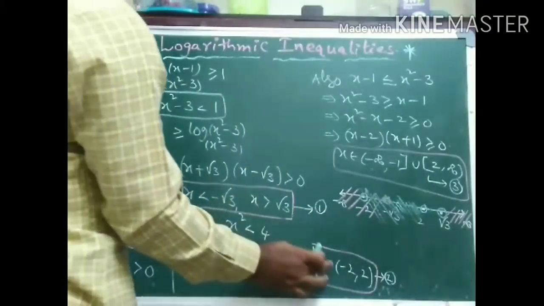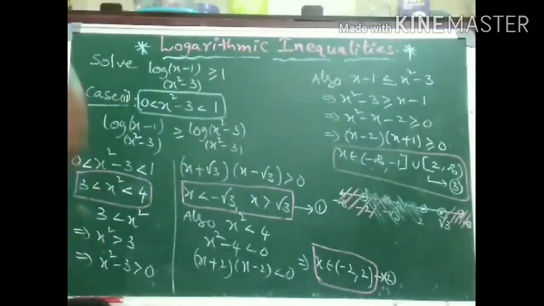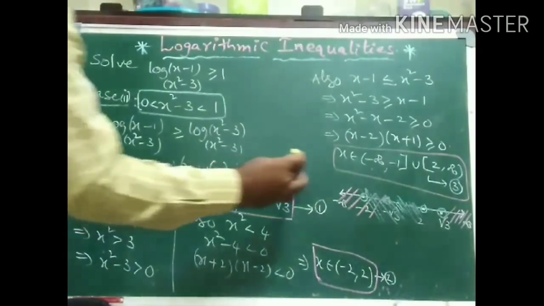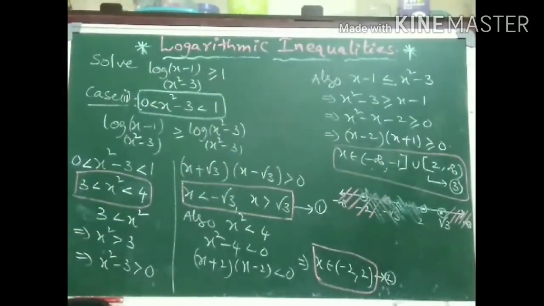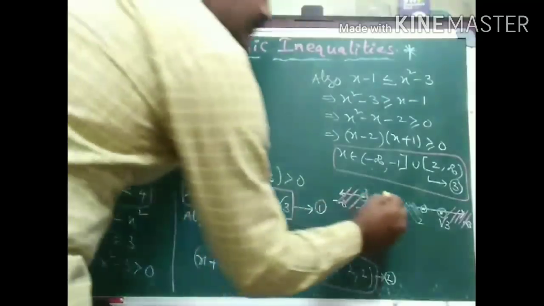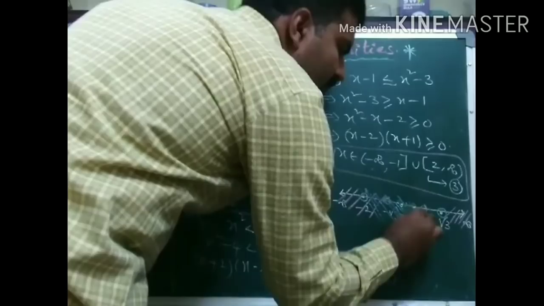So case 1, case 2, now case 3. I mean condition number 1, 2, 3. What is condition number 3? Condition number 3 is here: less than minus 1. In between we need to place minus 1 and somewhere 1 also.